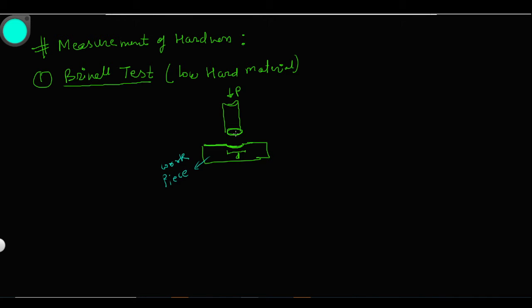And suppose this is capital D. So we will use an indenter tool to indent on the surface of workpiece or metal.